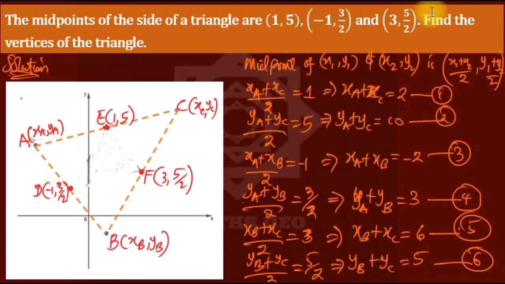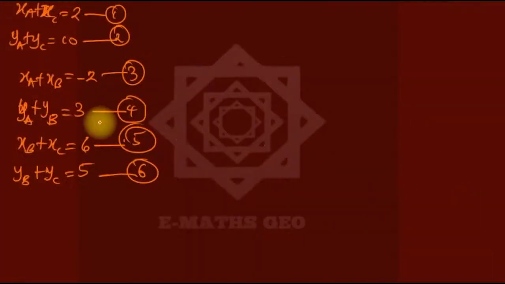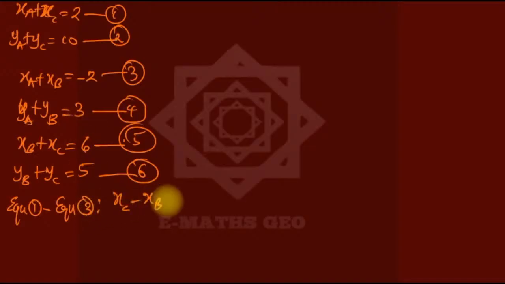So let's eliminate X subscript A. If I do equation 1 minus equation 3, XA minus XA is gone. We have XC minus XB equal to 2 minus minus 2, that is 4. Let's call it equation 7.